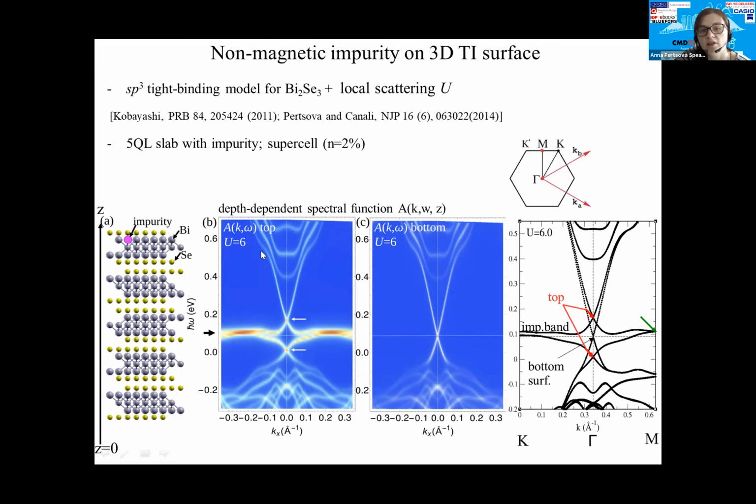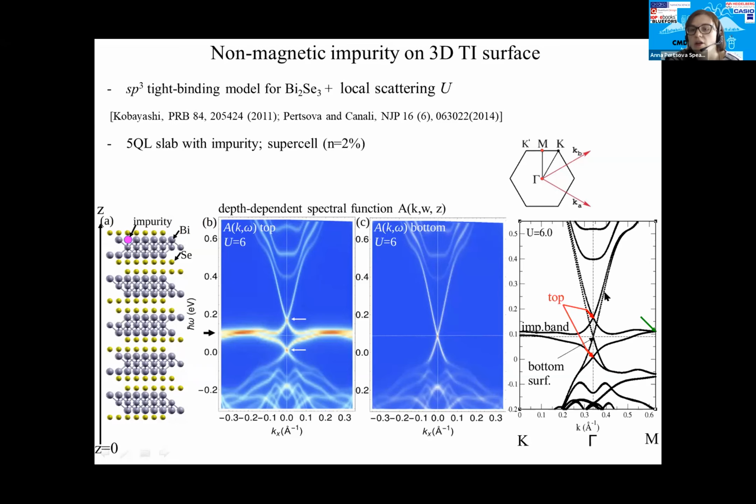On the left is the spectral function at the surface, and this shows that there is an impurity band, and the Dirac node is actually split into two. This picture here shows the spectral function on the bottom surface, which is not affected by the impurity.